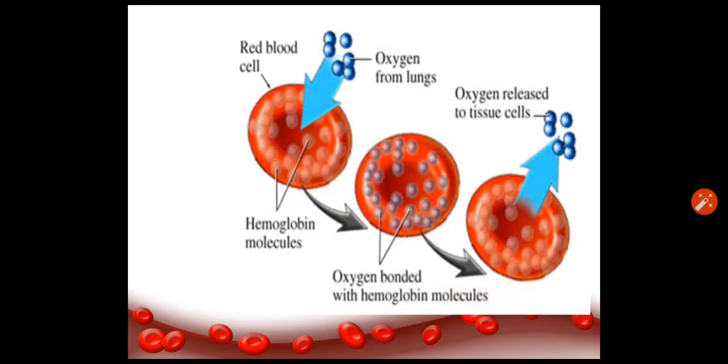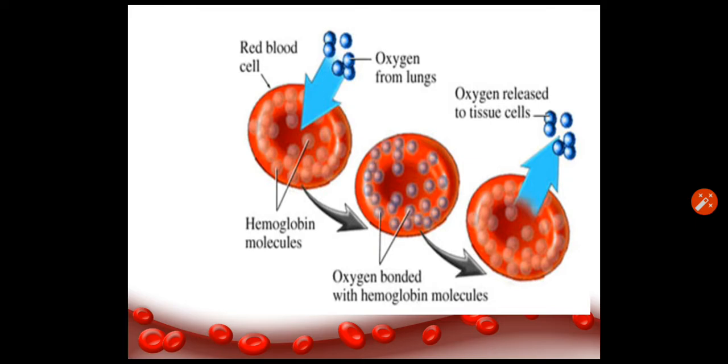So what is the role of this RBC and hemoglobin in our body? It's very well studied in previous classes, but just as a revision, the red blood cell will be taking up oxygen from the lungs, and this oxygen in the RBC gets bonded with the hemoglobin and is carried to the necessary area or the tissue cells where there is a need of oxygen.